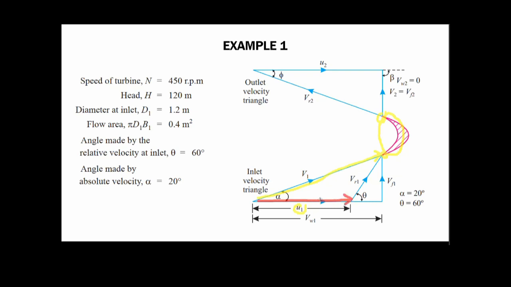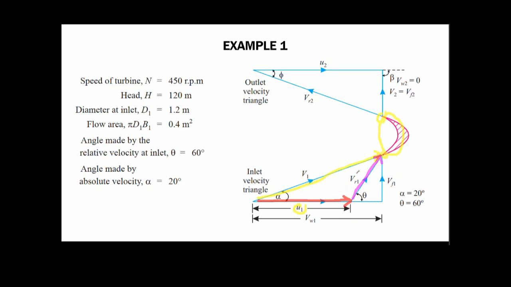Okay, and the velocity that is felt by the vane is actually v_r1, the relative velocity. Okay, so v1 is the absolute velocity of the water jet. u1 is the velocity of the vane.